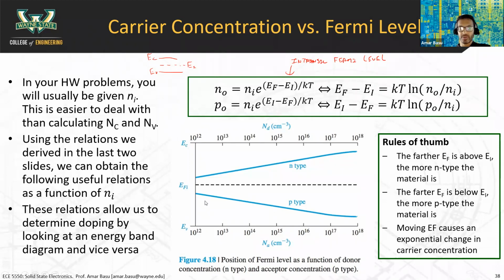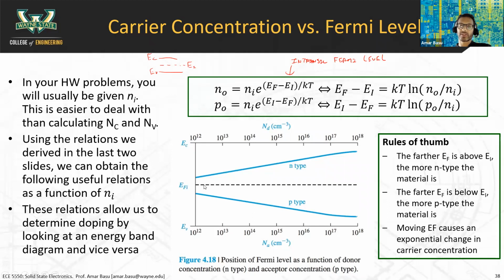This is a visual just to show you that moving E sub F, the position of E sub F, causes an exponential change in the carrier concentrations. So if the Fermi level were positioned right at E sub I, then the electron and hole concentration would both be equal to n sub I, 1.5 times 10 to the 10.